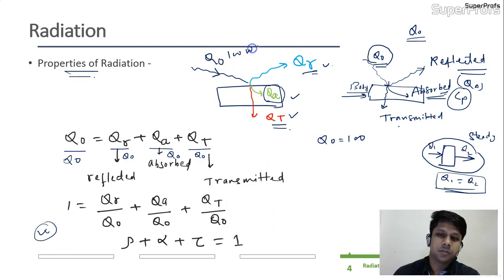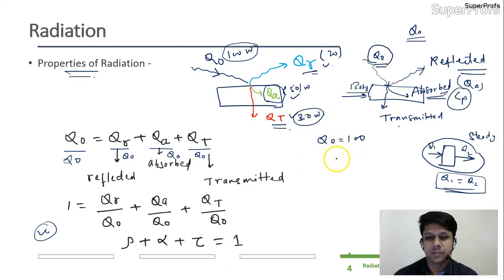So 100 watt was entering this body, and let us say 20 watt was reflected back, 50 watt was stored, and 30 watt was transmitted. So we can write this equation: 100 equal to 20 plus 50 plus 30, right? So it is 100 also.